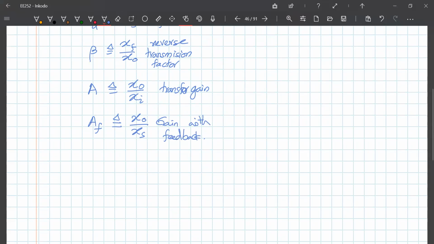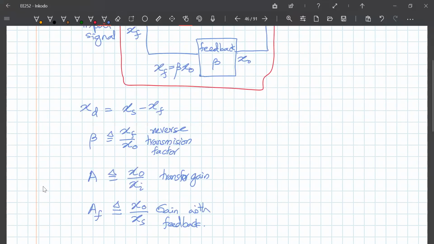From the first equation, we can see that XD is equal to XI. Because XD is equal to XI, we can also write XS is equal to XI plus XF. The reason is XI is the same as XD.